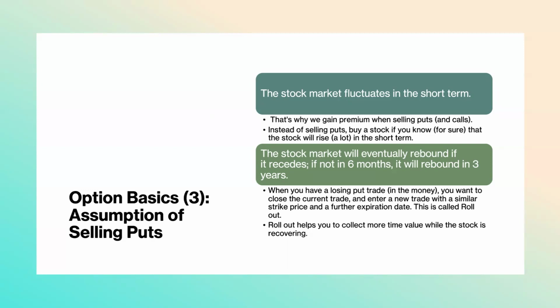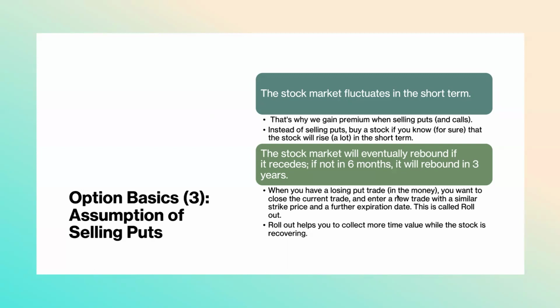2, the stock market will eventually rebound if it recedes. If not in 6 months, it will rebound in 3 years. This assumption determines my rollout strategy. My new trade has a similar strike price, a further expiration date, and a larger premium.